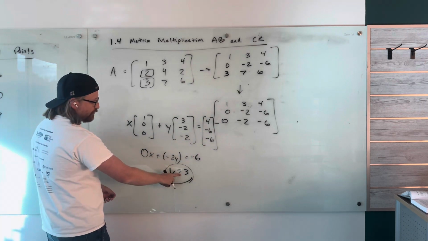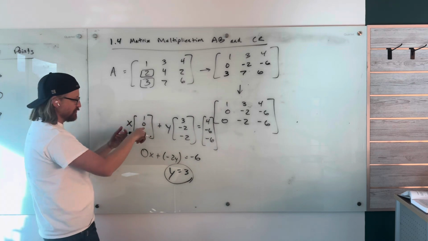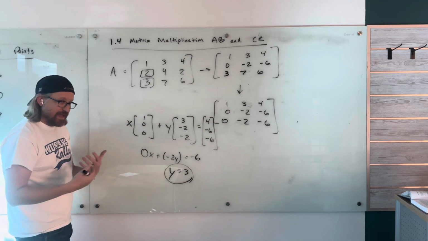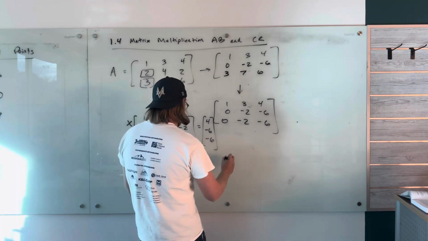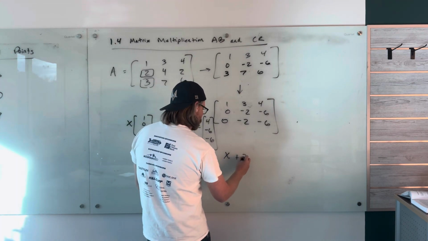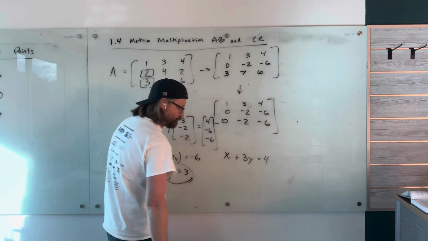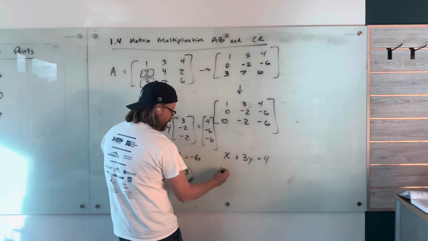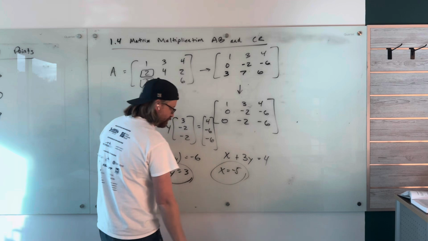Well, if y is equal to 3, then I can use backward substitution in this first line here to find what x is. This tells me that x plus 3y should be equal to 4. And if I plug 3 in, we'll get x is equal to -5.